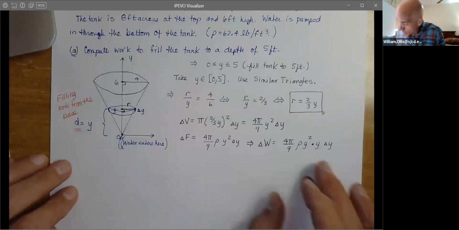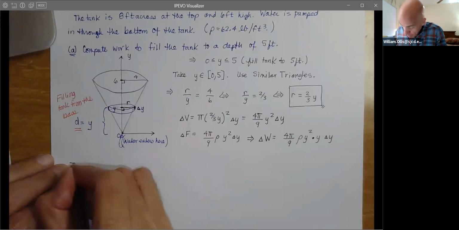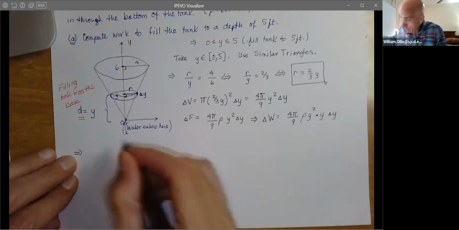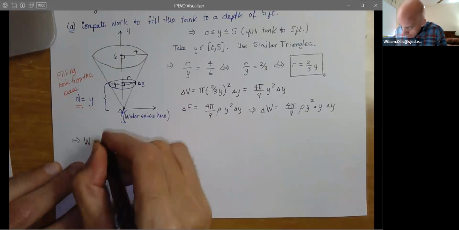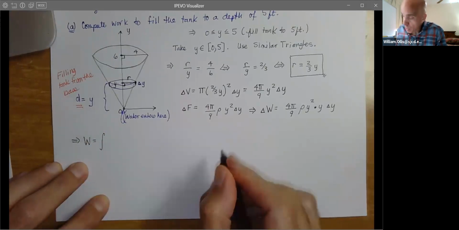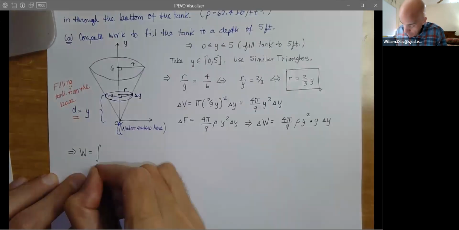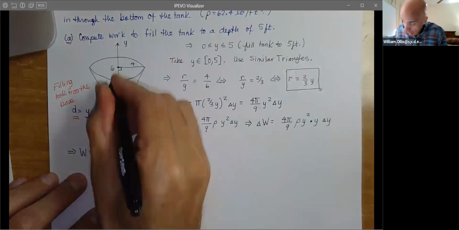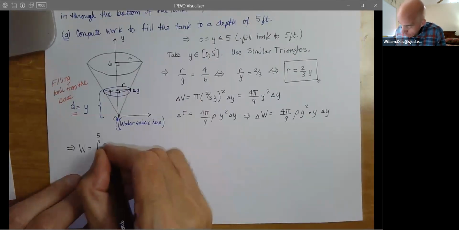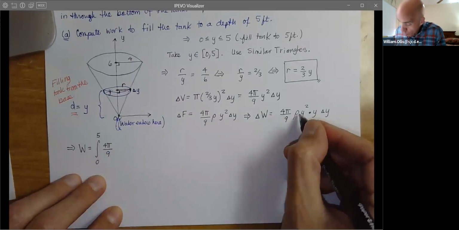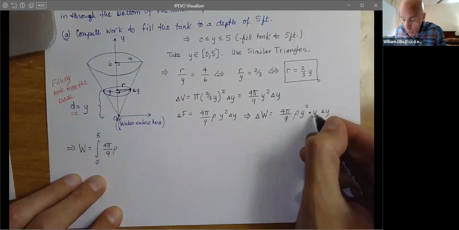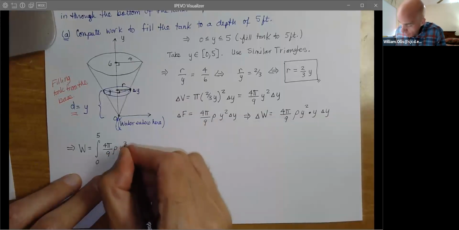So now we'll just multiply this together. So at this point we get work equals the integral, and remember, our interval of integration is 0 to 5 because we're only filling to 5 feet. And we have 4 pi over 9 rho, and then y squared times y, which is y cubed dy.